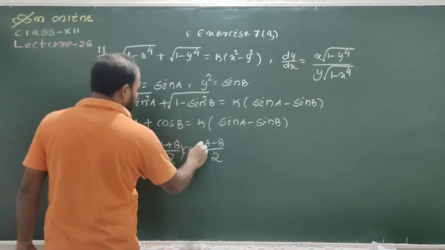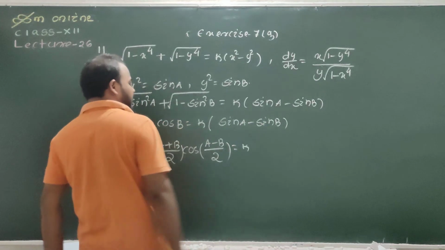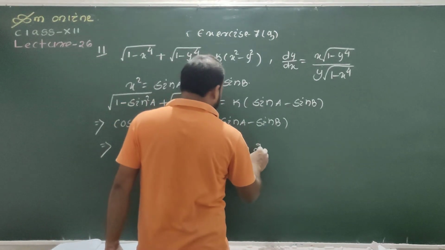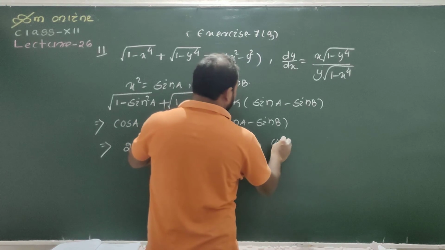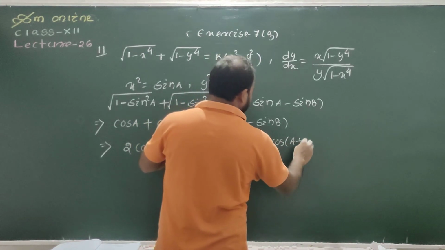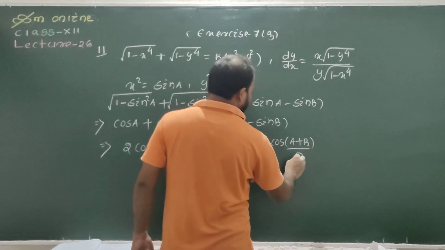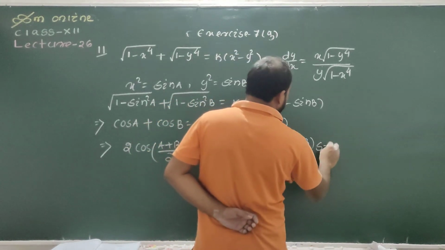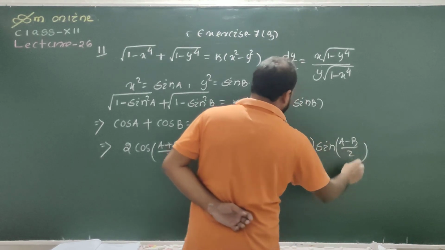Okay, and it is the sin a minus sin b formula. This is 2 cos of a plus b by 2 into sin of a minus b by 2.